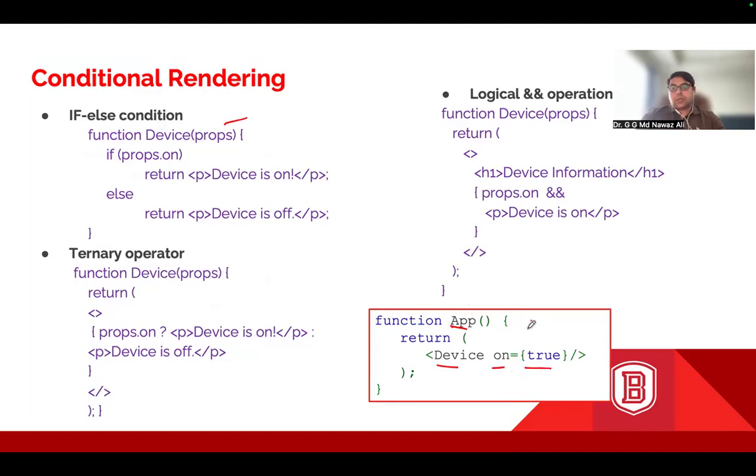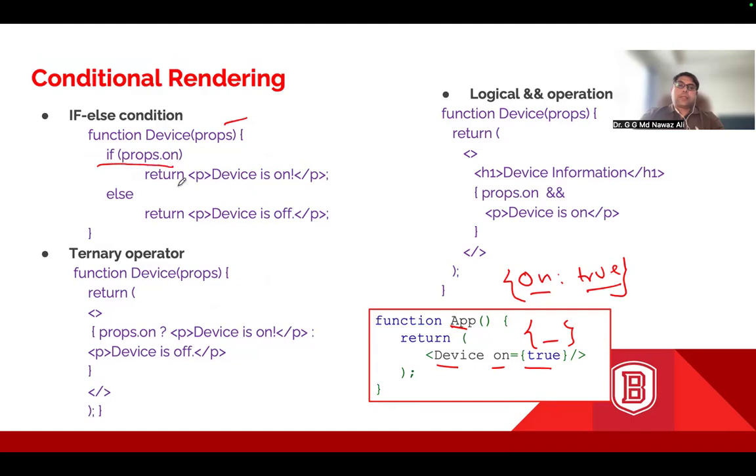We are using curly braces because this is a JavaScript expression, so it will go as a JavaScript value, like on is true. It's not a string, it goes as a boolean. This is your attribute, and that's your value. So we'll go here and check.